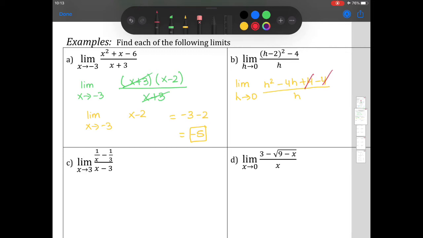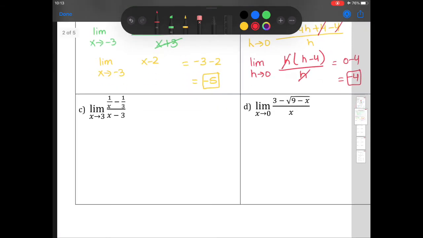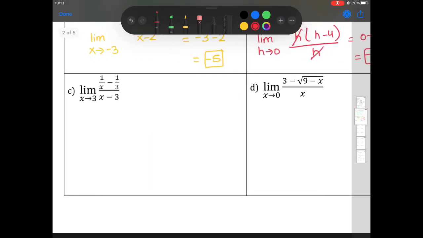The 4's cancel out. What are you left with? Can I factor out the h in the numerator? That will cancel out with the h in the denominator. So I'm left with, and do substitution, 0 minus 4, which is -4. The last step is usually substitution after you cancel everything.